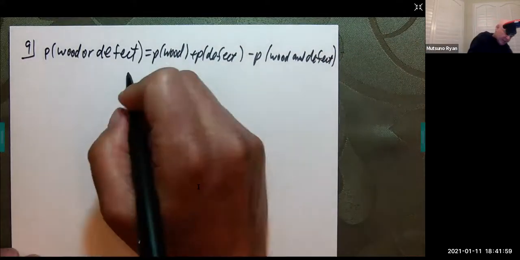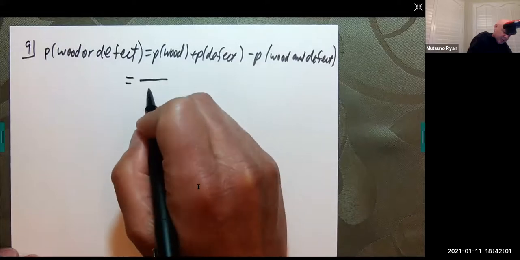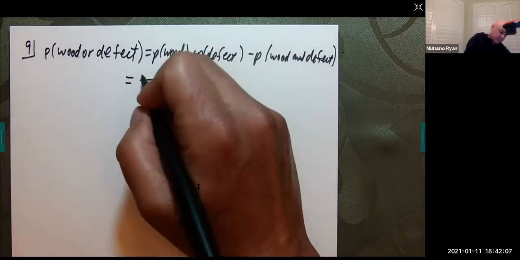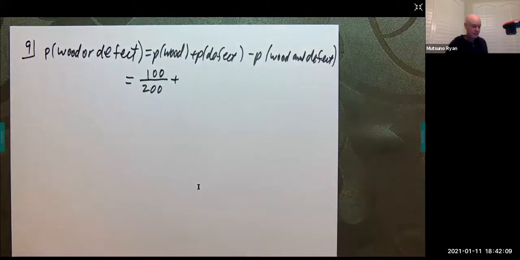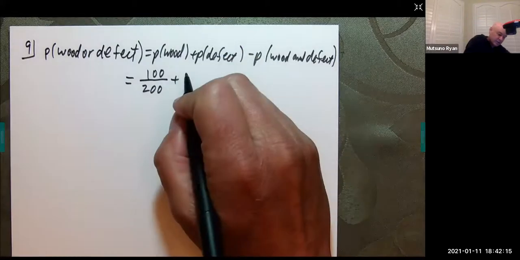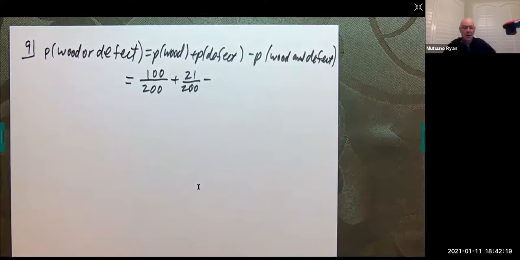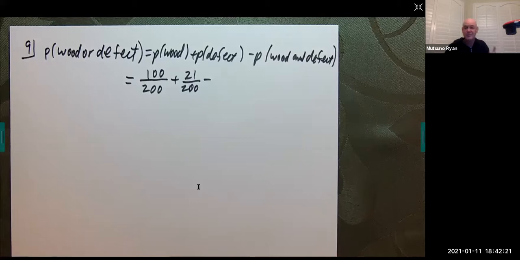Well, again, my denominators are all going to be 200. Probability that it's wood, how many wood are there total? There's 100 of them. How many defective ones are there total? Now that's going to be the 7 plus the 14. That's the 21 defective. How many of them are wooden and defective?